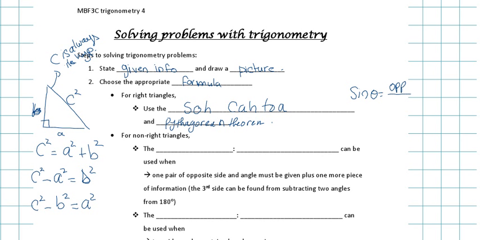Cosine is equal to adjacent over hypotenuse. And tan equals... Labeling your triangle is very important because if you label it correctly, then you can use the right ratio.